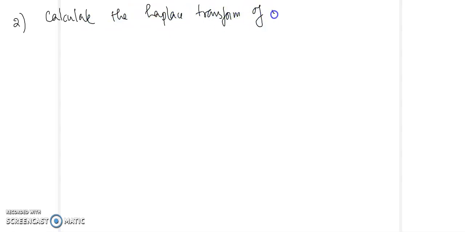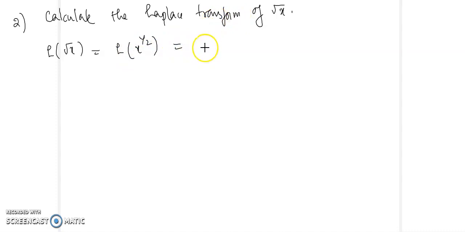Now the next problem is to calculate the Laplace transform of root x. Again we will use the previous result we have seen. That means we will express it in the form L of x into f of x. So L of root x is L of x raised to 1 by 2.